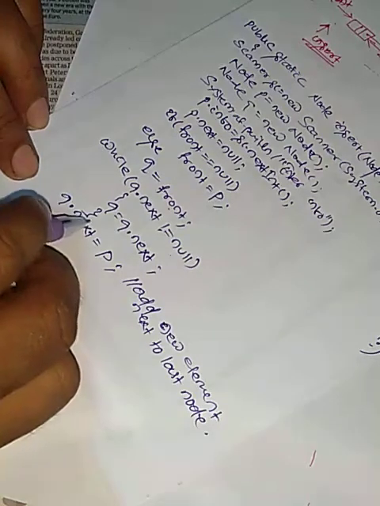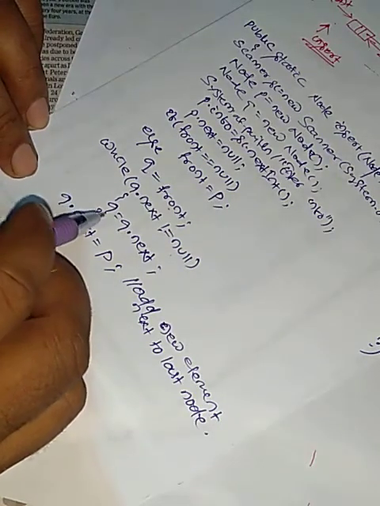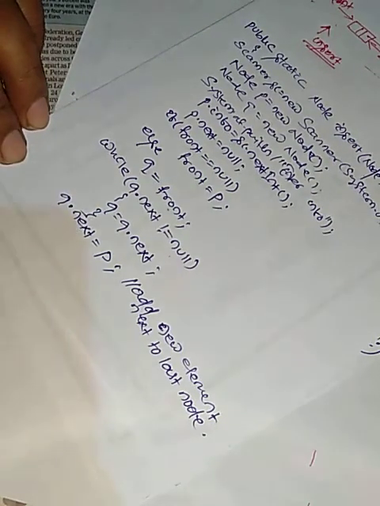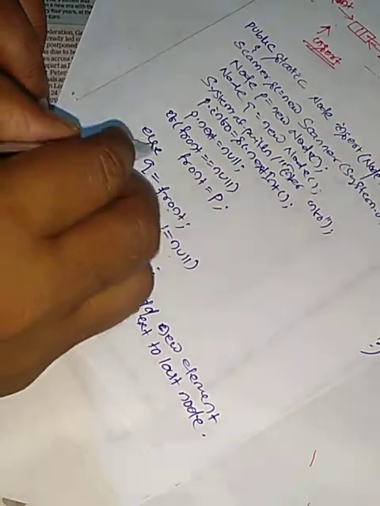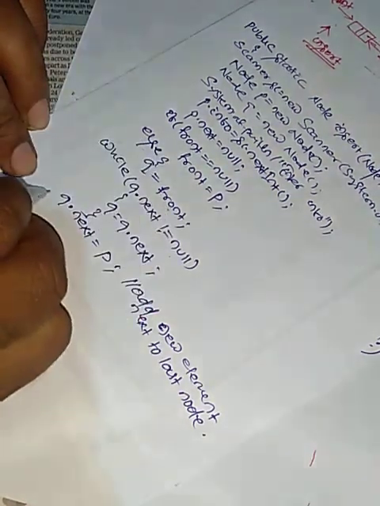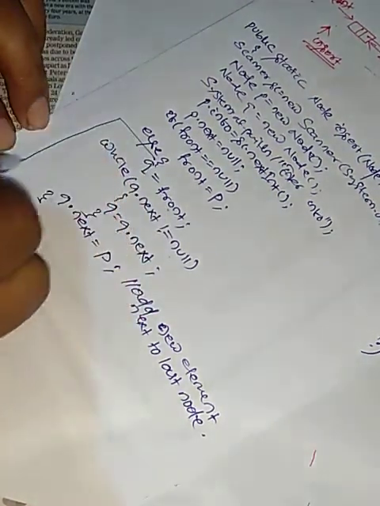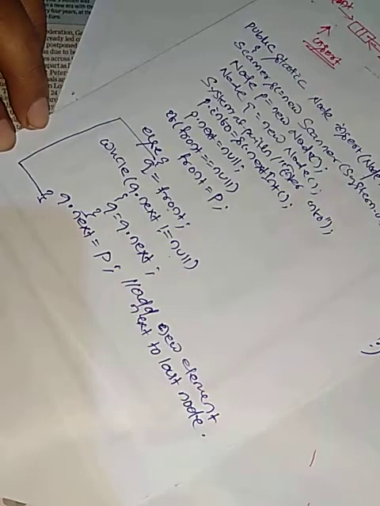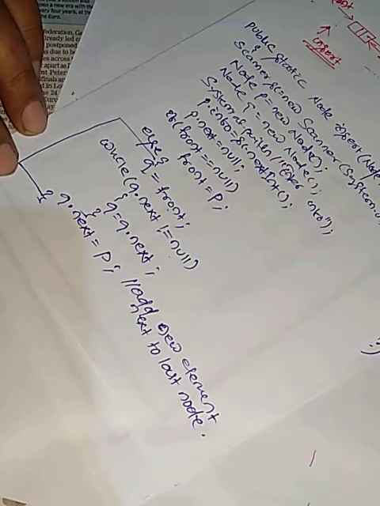And as soon as we finish this, we have to end. What will end? As we moved along the list, we are following the else part now. So here else we started, we'll end the else here. Okay, so that's how we added the element.